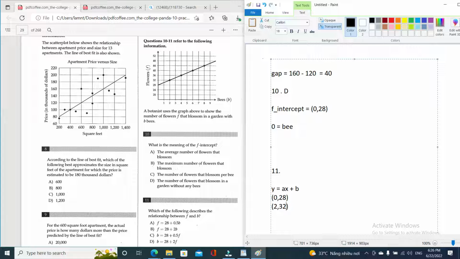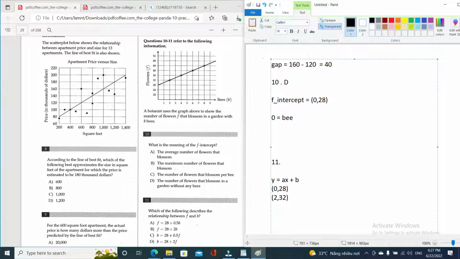We just plug these two in: 0 for x, 28 for y, and 2 for x, 32 for y. We have a system of two linear first order equations to solve for a and b. So 28 equals a times 0 plus b, and at the same time 32 equals a times 2 plus b.